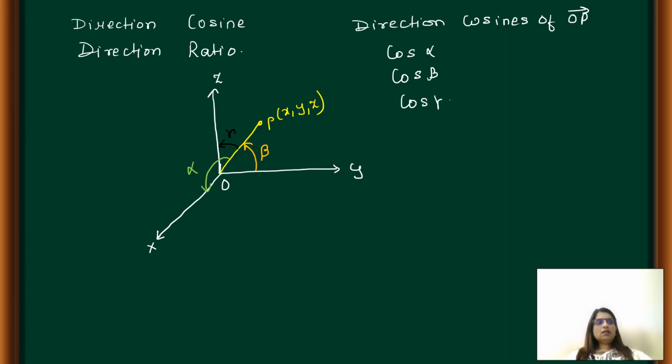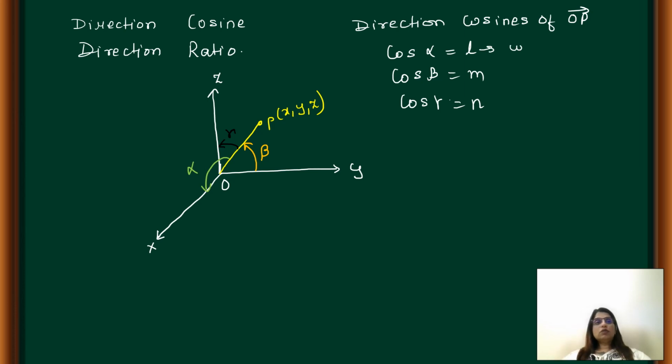Now consider, suppose cos alpha is equal to L, cos beta is equal to M, and cos gamma is equal to N. Next time when we mention L, M, N, you must understand that we are talking about cos alpha, cos beta, and cos gamma. Every time now cos alpha, cos beta, and cos gamma will be mentioned as L, M, and N. What is L?